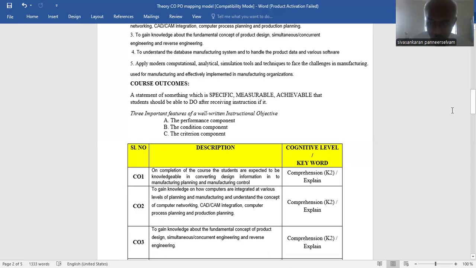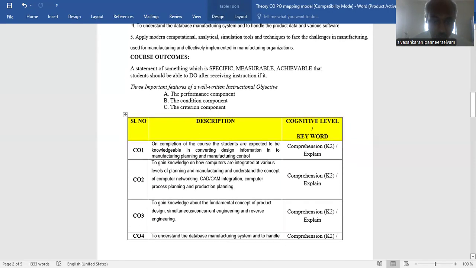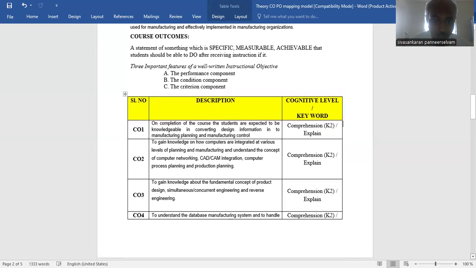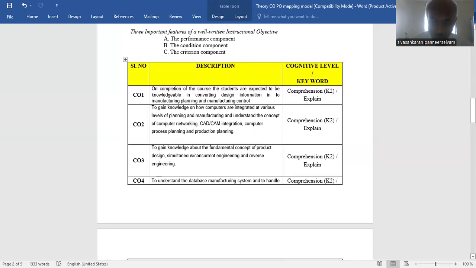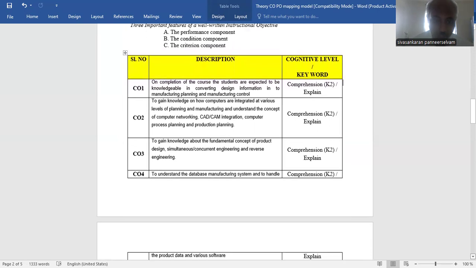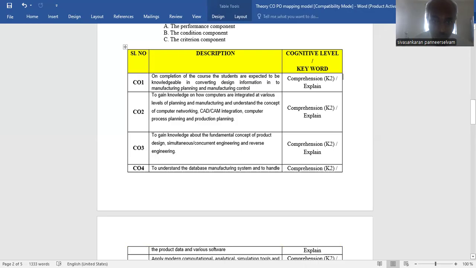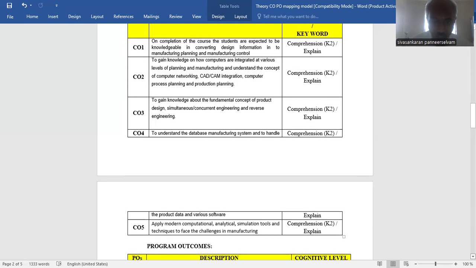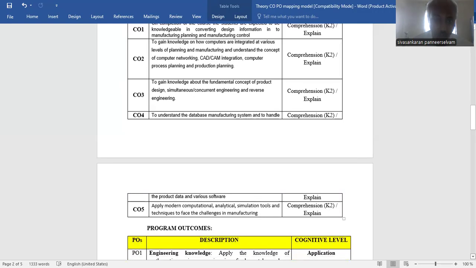Similarly, upon completion of the third unit, students gain knowledge about the fundamental concepts of product design, simultaneous engineering, and reverse engineering. For the fourth unit, CO4, understanding the basic concepts of database manufacturing systems and handling various product data and software information.